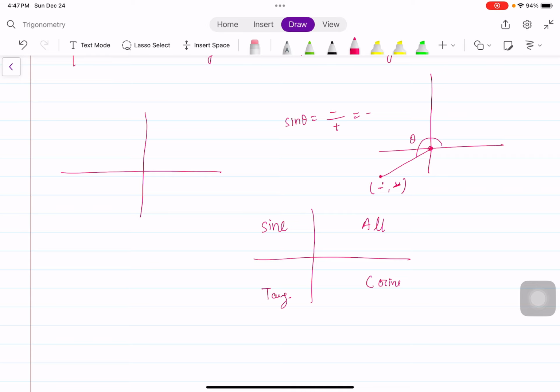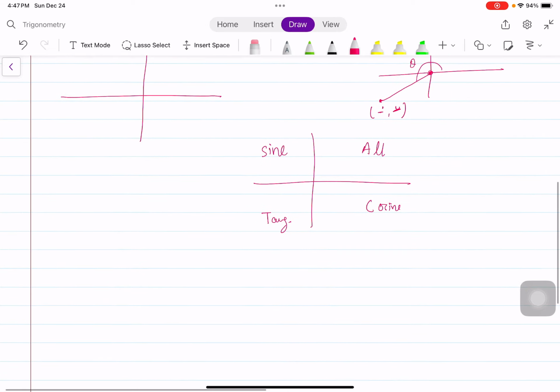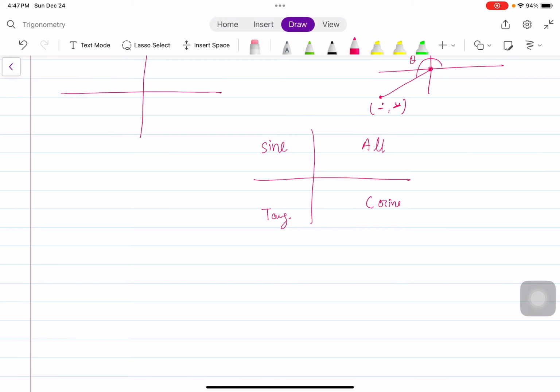And obviously, if one of the trigonometric functions is positive, its reciprocal is also positive. What is its reciprocal? Its reciprocal is cosecant, right? And its reciprocal is cotangent, correct? And its reciprocal is secant. So they also follow the same sign.